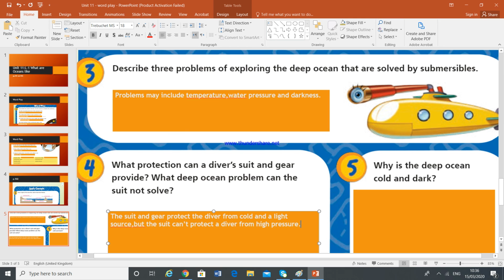Okay, I'm sure this answer is clear: the suit and gear protect the diver from cold and provide a light source, but the suit can't protect the diver from high pressure. So here is your question 5.